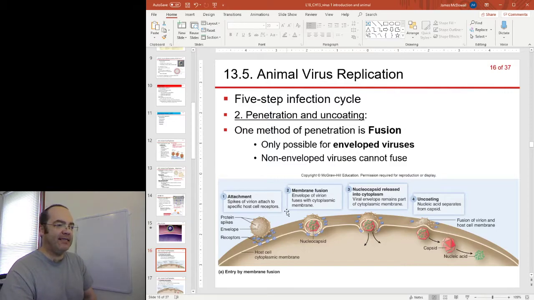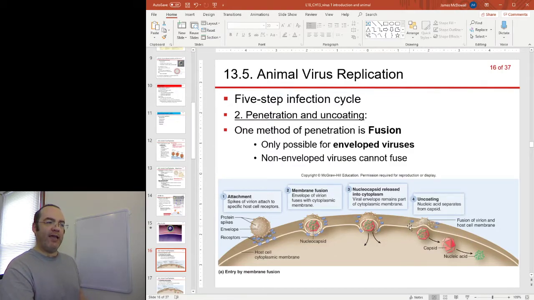But you'll see that as the virus enters and as the envelope, the membrane of the virus, fuses with the membrane of the cell, it leaves behind telltale signs. It leaves behind these spikes in the host membrane.